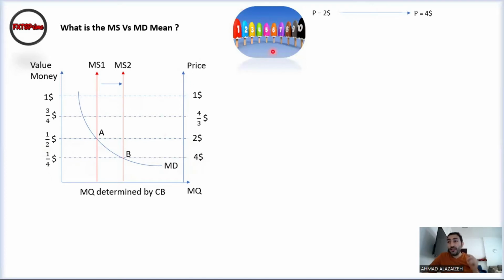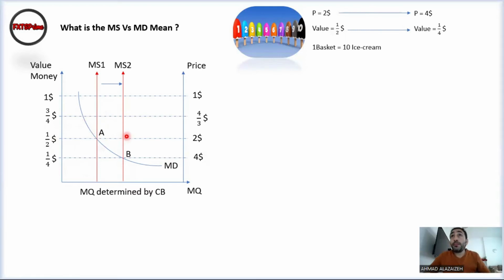It's 10 pieces of ice cream, so it doesn't change. So the money value was half, and when we shifted the supply of money, the money value became a quarter.